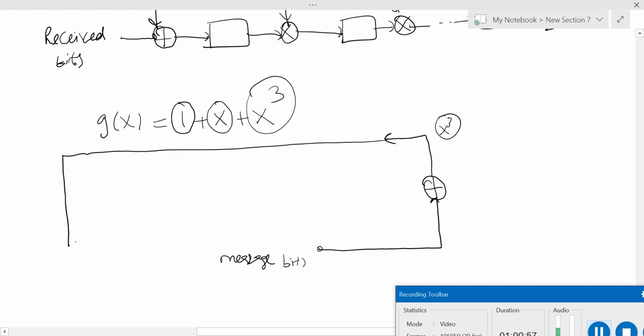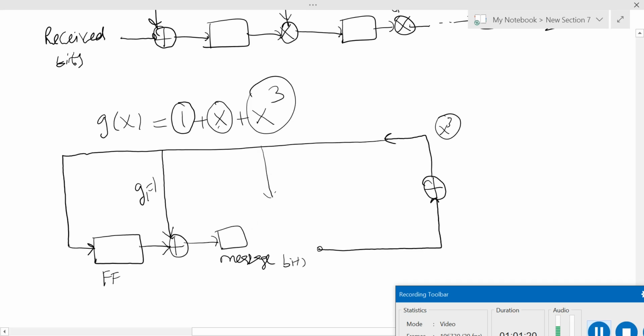This is the first term, and the flip-flop determines the first degree term. Flip-flop, then XOR. Now G1 is 1, so I will have a link here. Then flip-flop.